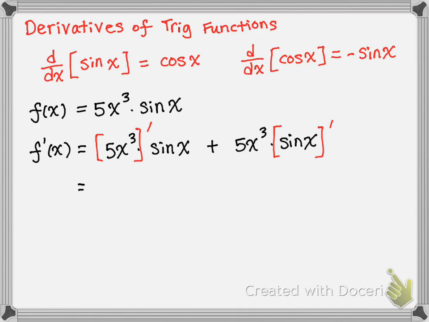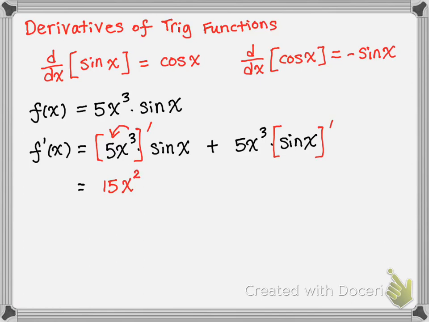The derivative of 5x cubed: you bring down the power of 3, 5 times 3 is 15, and then x raised to the power decreased by 1, so x squared.